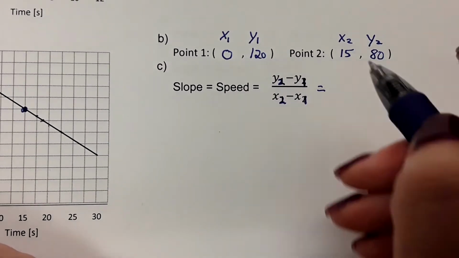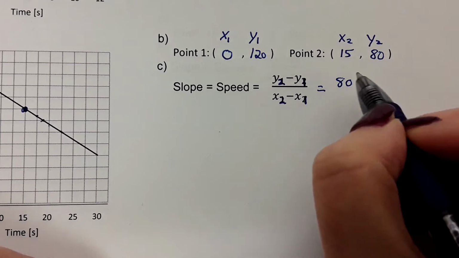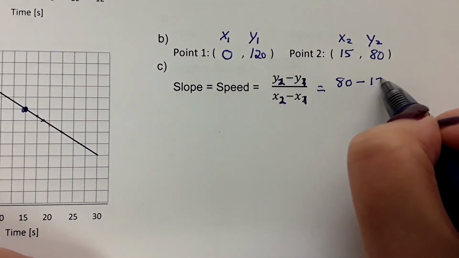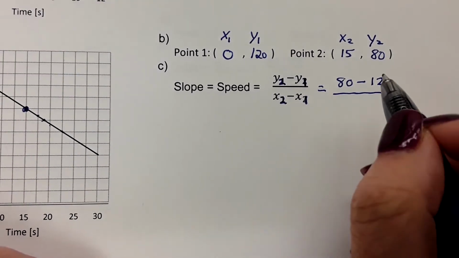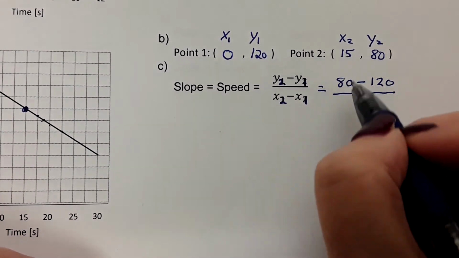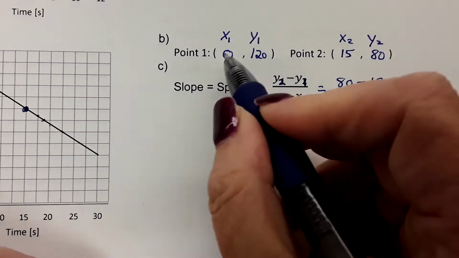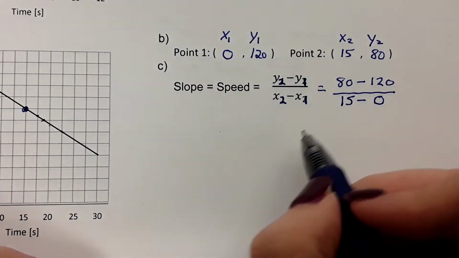Okay, so now y2 would be 80 minus y1, which is 120. And yes, I know y1 is bigger. Don't worry about it. x2 is 15 and x1 is 0. All right, so here's what we get.